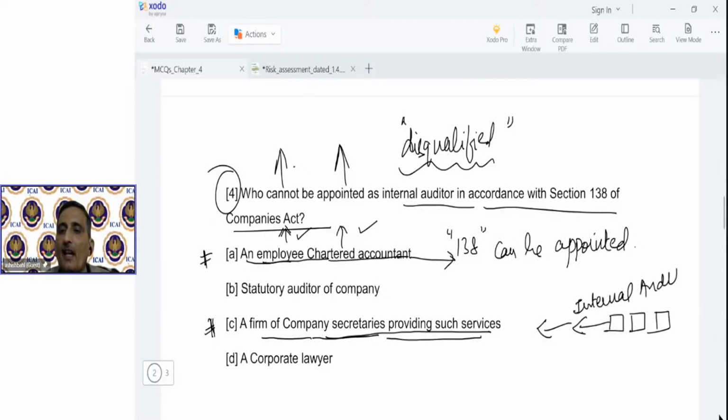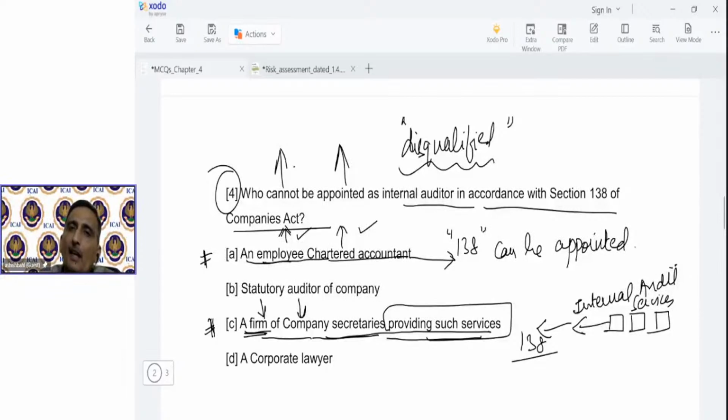So it is not an employee of the company. This is an outside firm of professionals providing internal audit services. So what was section 138? Any professional can be appointed. He can be a chartered accountant, cost accountant, or any professional as may be decided by the board.